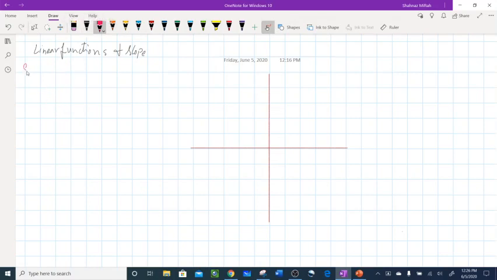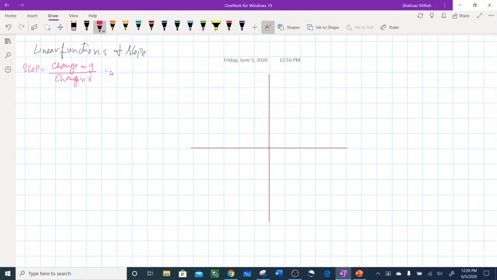What is slope? Slope means change in y divided by change in x. Change in y goes on the top and change in x goes on the bottom.